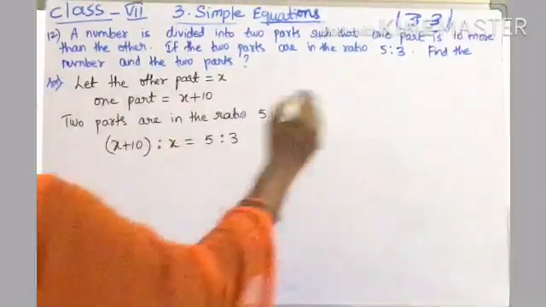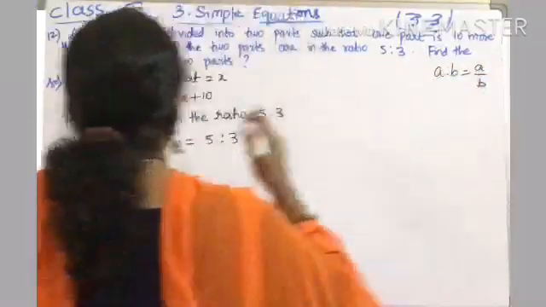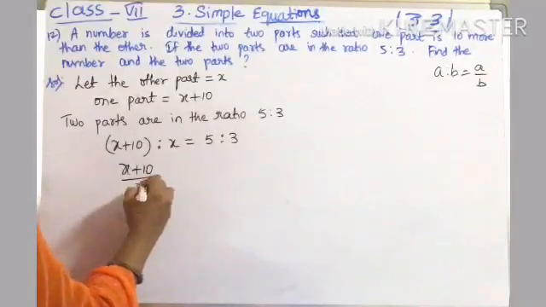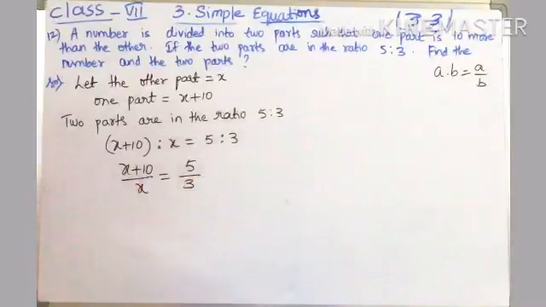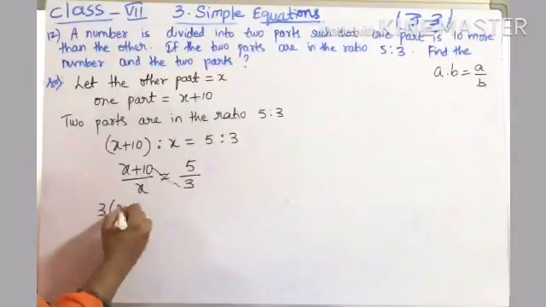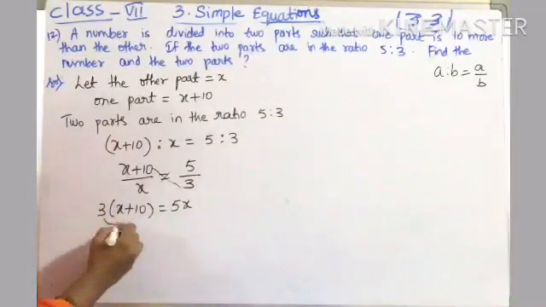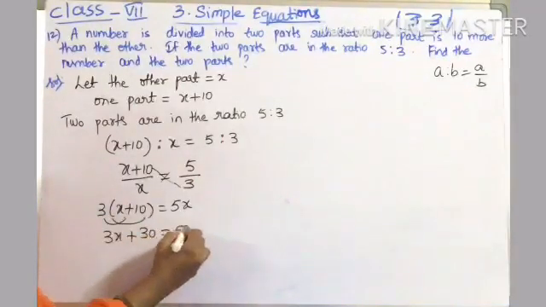You know that a is to b can also be written as a by b. So x plus 10 is to x, I write as x plus 10 by x equal to 5/3. Then you go for cross multiplication, children. So 3 into x plus 10 equal to 5 into x. Again distributive property here: 3 into x, 3x plus 3 tens are 30 equal to 5x.